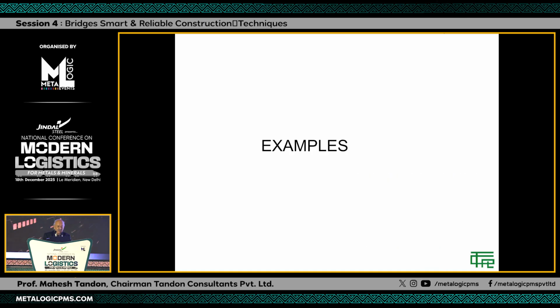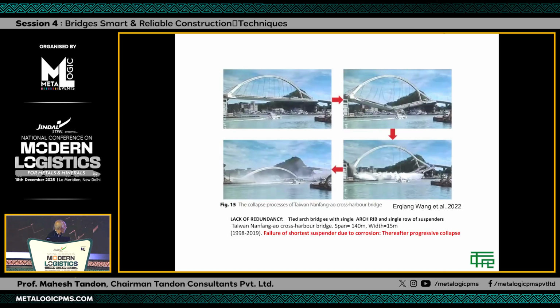Okay, so I will just show one or two examples, and whenever you want, we can finish. Here is something which has not got redundancy. You have an arch bridge, and it has a single rib, which divides, of course, into two, and it has a single set of suspenders.